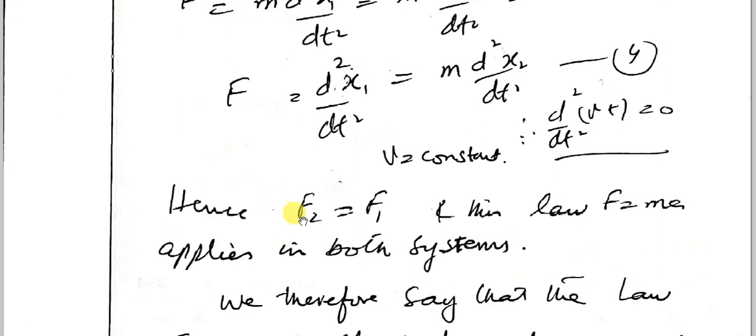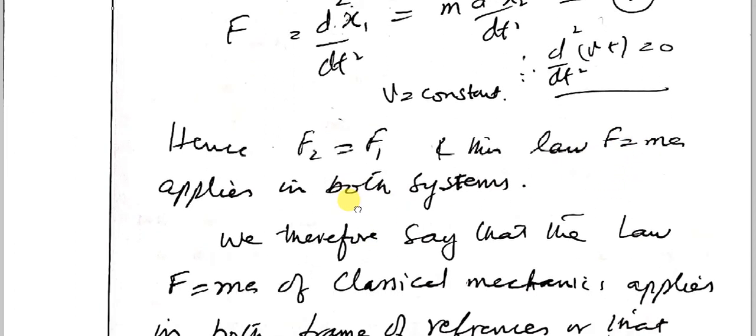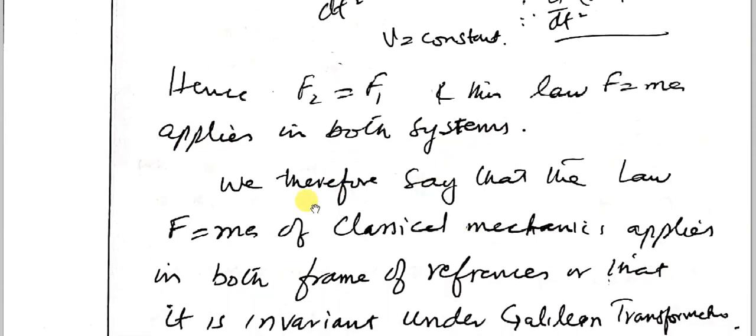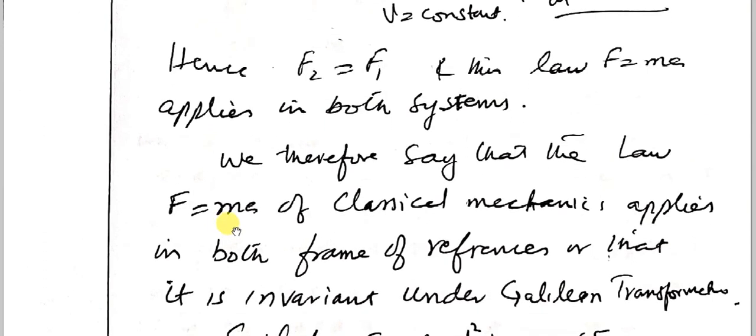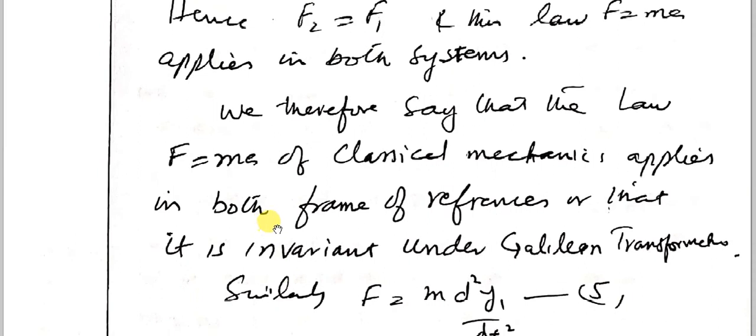This law, the classical Newton's second law of motion, F is equal to ma, holds and applies in both systems. We therefore say that the law F is equal to ma of classical mechanics, classical physics, applies in both frames of reference, or that it is invariant under the Galilean transformation.